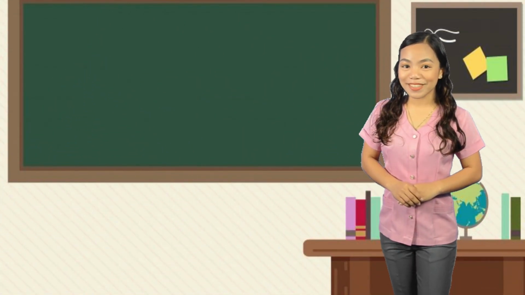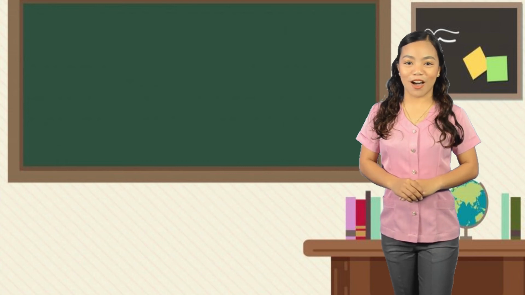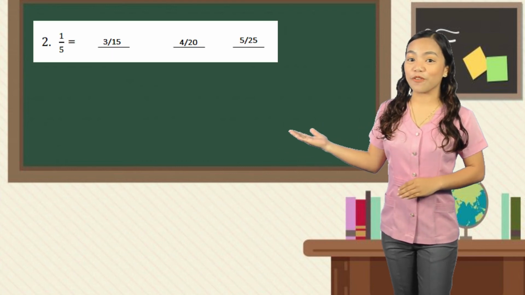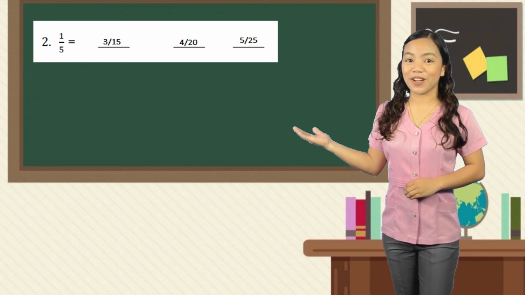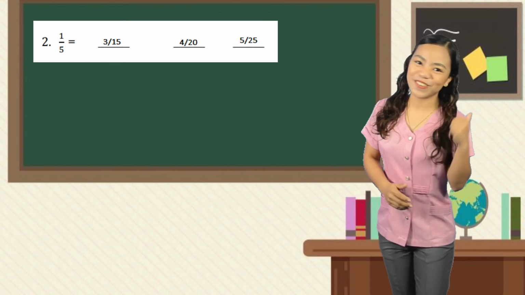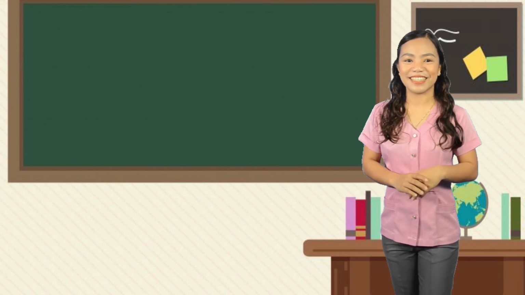Time's up! The correct answers are 3 over 15, 4 over 20, and 5 over 25. Are you right? Great job, kids!